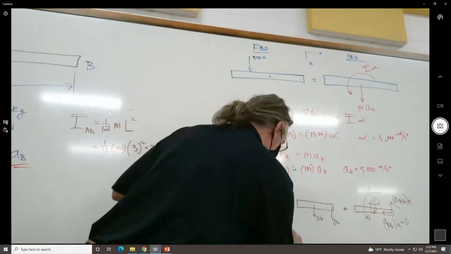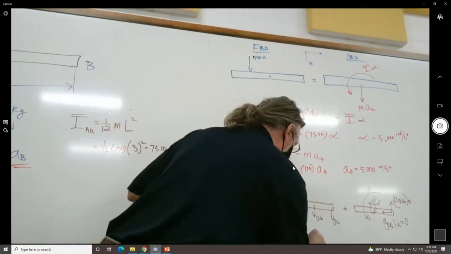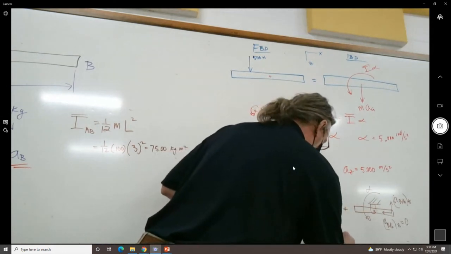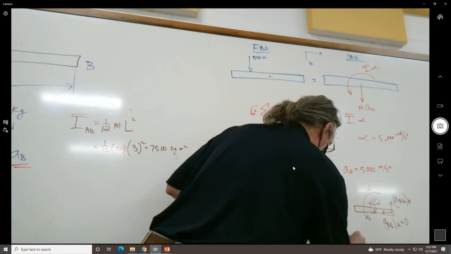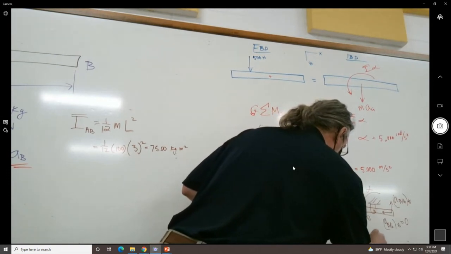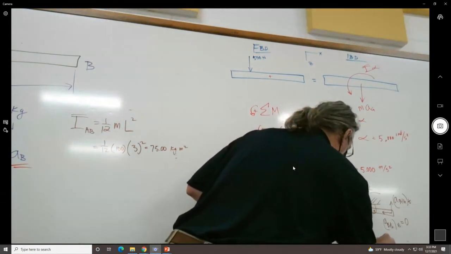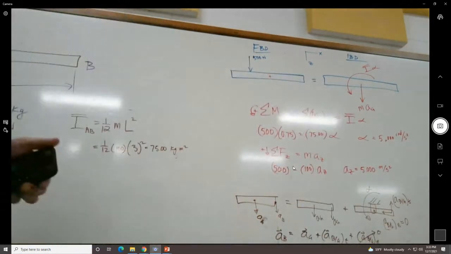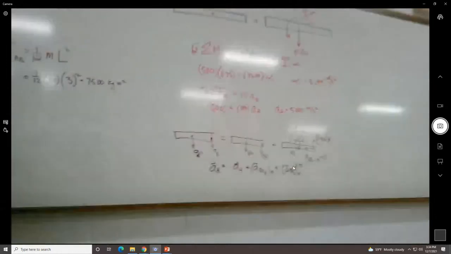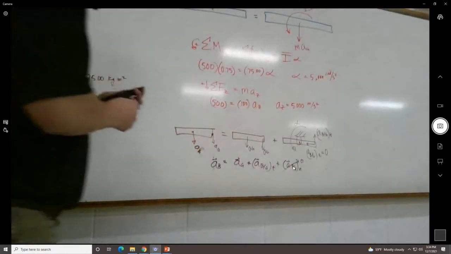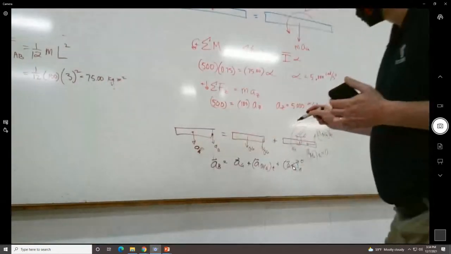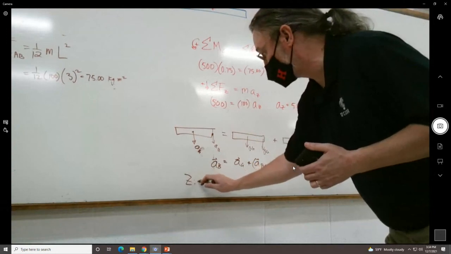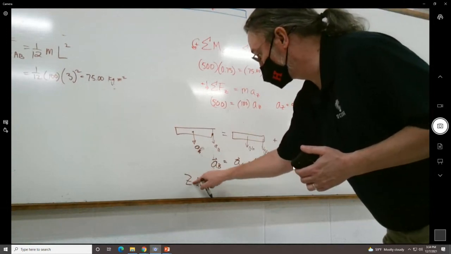So we can simply write the acceleration of B to be equal to the acceleration of G, if that's our reference, plus the acceleration of B with respect to G tangentially, plus the acceleration of B with respect to G in the normal direction, which fortunately is 0. So all we need to do is the Z direction, because that's the only one that matters to us.